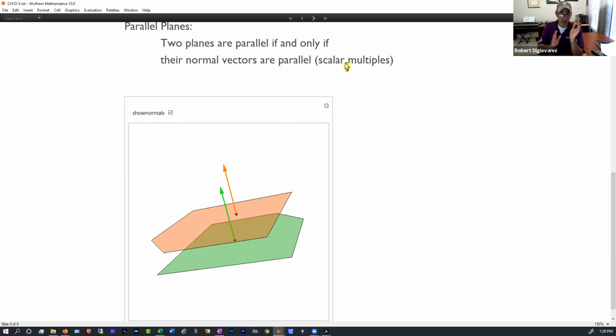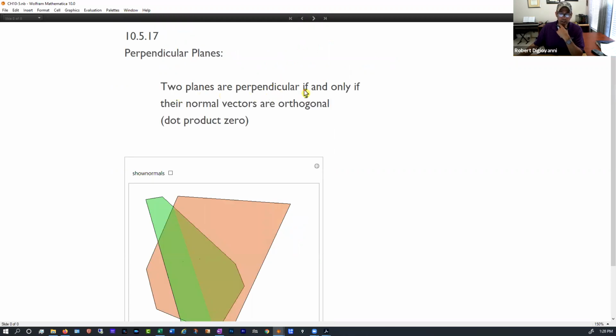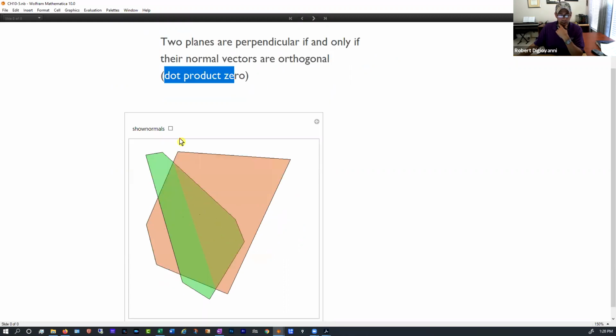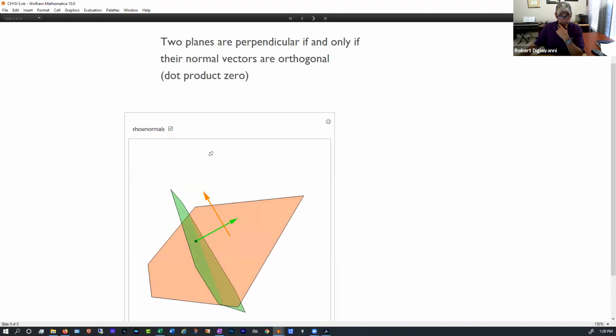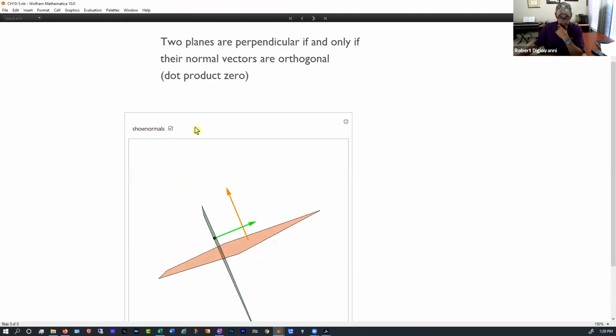So if you look at the normal vectors and they are scalar multiples of one another, then those planes are parallel. Similarly, two planes are perpendicular if and only if their normal vectors are orthogonal. But that's easy for us to check, isn't it? We can always check to see if two vectors are orthogonal by taking the dot product and getting 0. So that's just a visual of what's going on there.